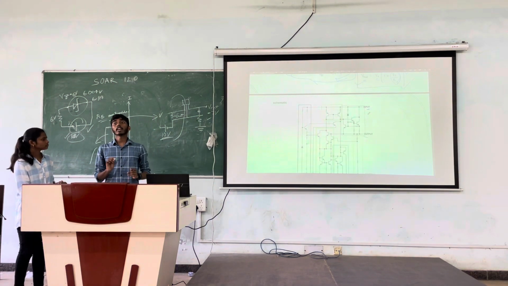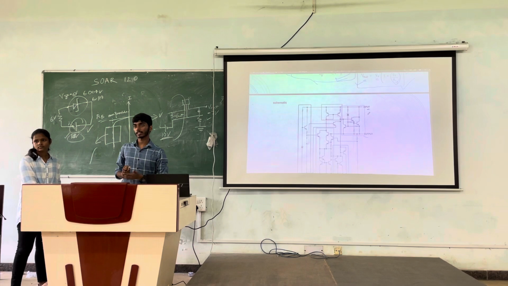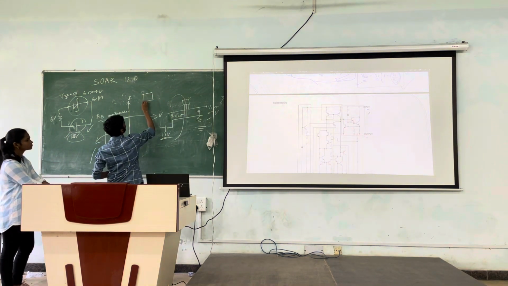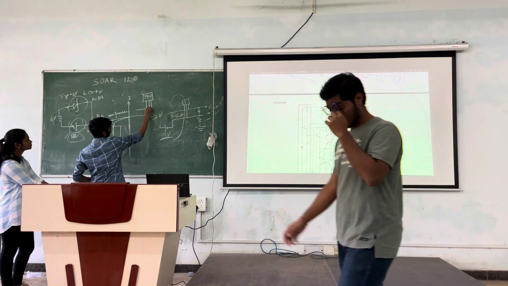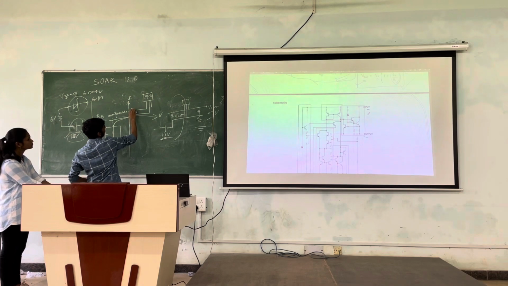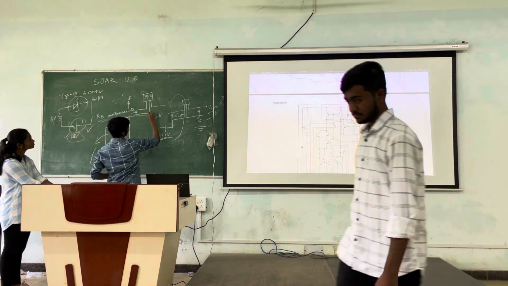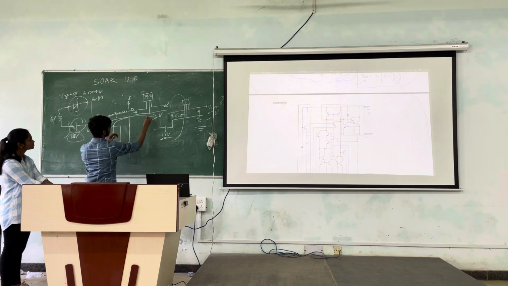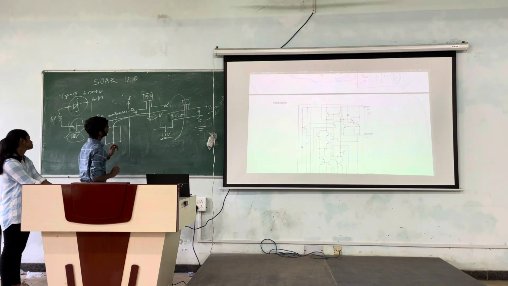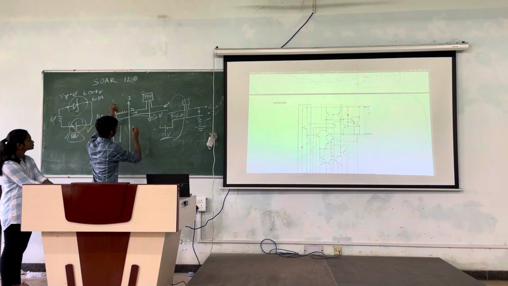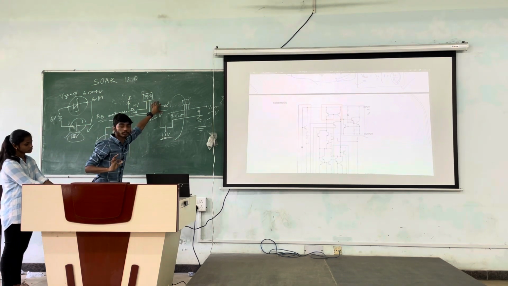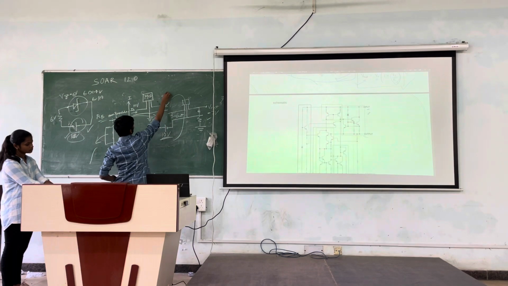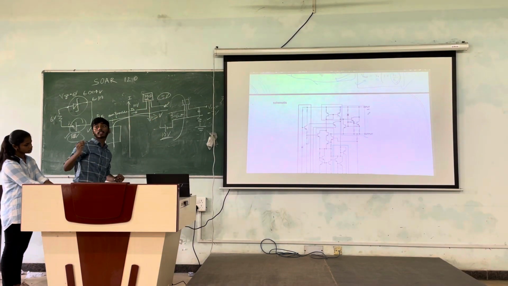So 79 stands for negative voltage. Like if this is IC 7905, let's say, we are giving input to this side and we are obtaining output from this port. This point is ground, and if we give it some input, let's say 10 volts, the 05 means it will maintain 5 volts at the output, but 79 represents a negative sign.